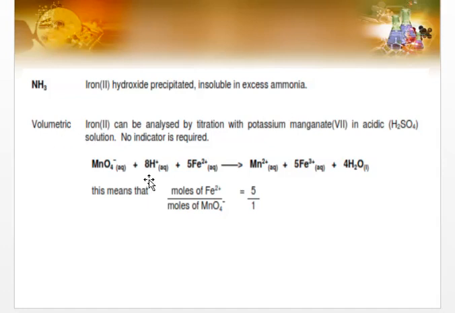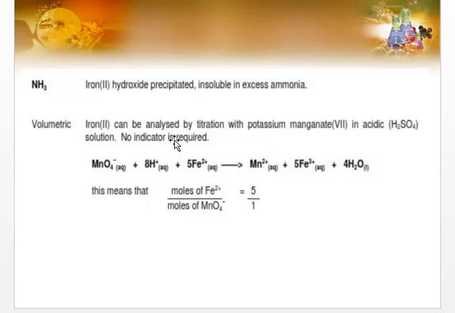Volumetric analysis: iron in oxidation state 2 can be analyzed by titration with potassium permanganate in acidic solution, sulfuric acid, for example. No indicator is required in this titration method.